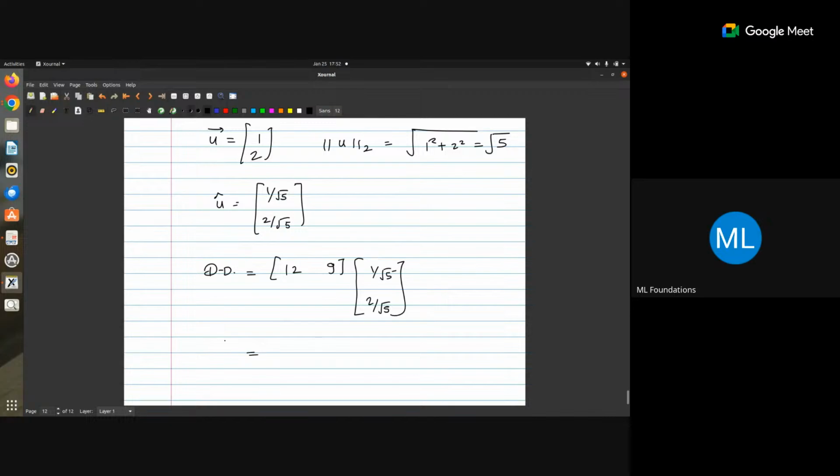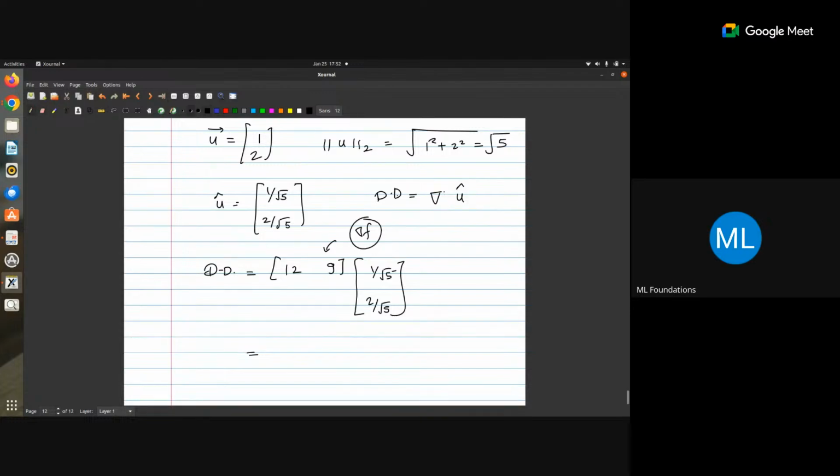The dot product between these two will give me the answer. This 12, 9 is the gradient, and the gradient transpose is used. Basically, we are finding del F dot product with this u hat. This is my directional derivative. If you find the dot product, right?